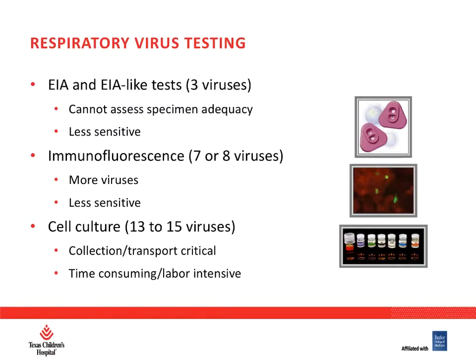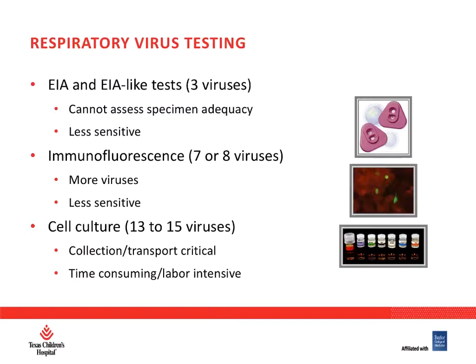Unlike some of the other tests, we really can't assess the specimen quality to know that it's a truly cellular sample representative of the upper respiratory tract. And as Dr. Stelrecht mentioned, oftentimes these are much less sensitive tests.